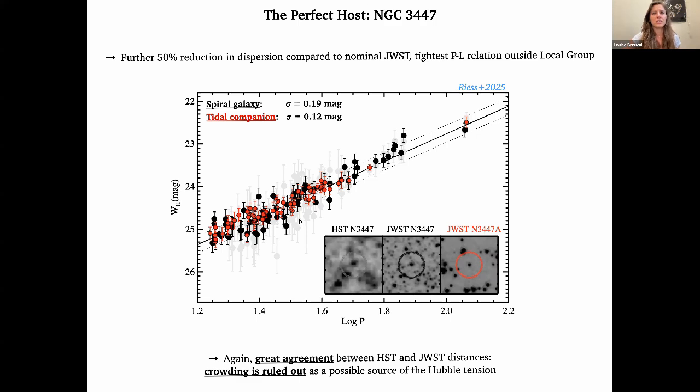Something I didn't mention is that they're not exactly the same filters, but with very good transformations, we can match them, so we can overplot them on the same diagram. Here it's a combination of filters in the near infrared that's almost the same. But yes, we are able to match the distances even with slightly different filters. So both the scatter decreases and the distances agree.